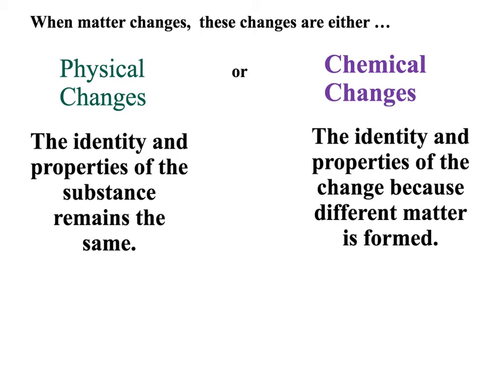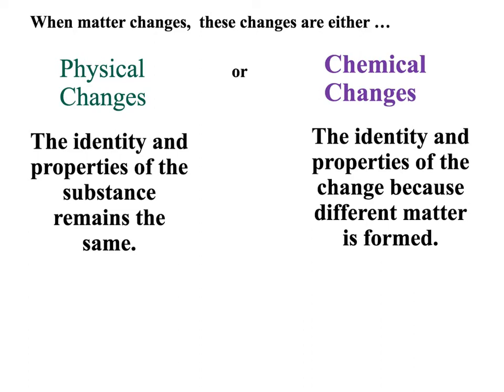When we look at the changes that matter undergoes, those changes are either physical changes or chemical changes. In a physical change, the identity and the properties, which is another word for characteristics, of the substance remain the same.